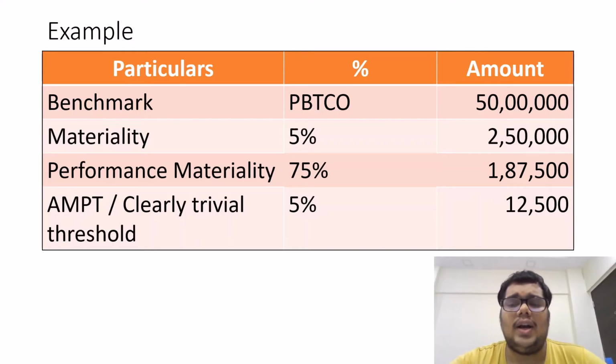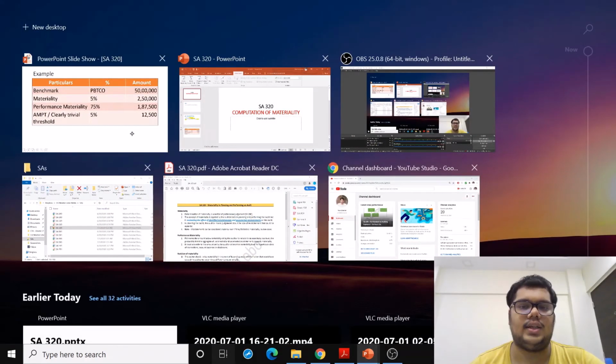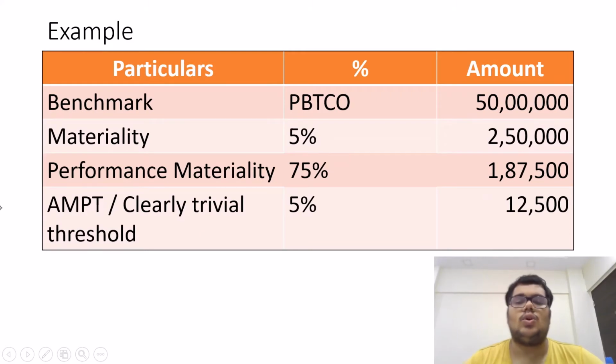Now let us try to understand why we compute materiality and then why we again compute PM. Materiality is the reporting threshold. What do I mean by this? To understand if a misstatement is material or immaterial, and to determine whether I need to qualify or give an unqualified opinion, materiality will be 2,50,000.